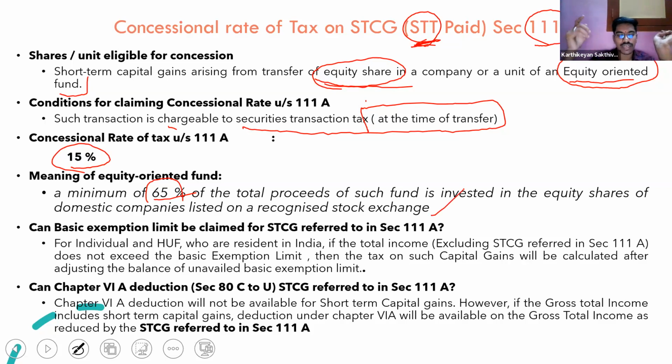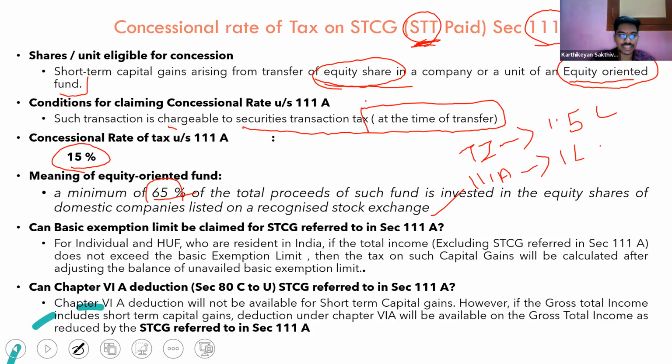So the next point: can basic exemption limit be claimed for STCG referred in 111A? Assume for example my total income other than 111A is 1.5 lakhs, and 111A STT paid gain is 1 lakh. Can I claim the basic exemption limit?